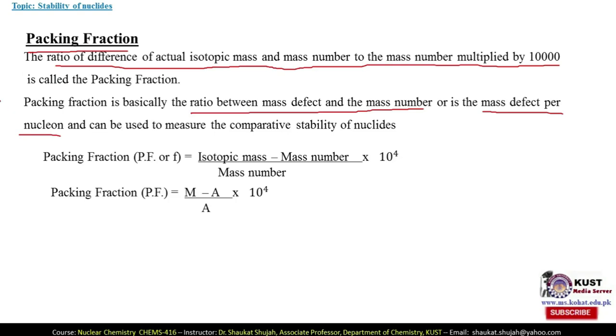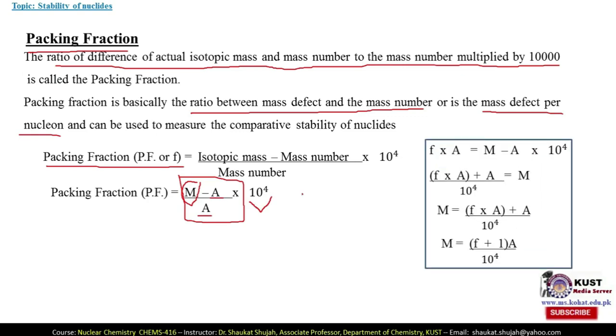Now mathematically, packing fraction PF, or simply F, is equal to isotopic mass minus mass number divided by mass number. And since this value is very small, in order to make it significant, this ratio is multiplied by 10,000.